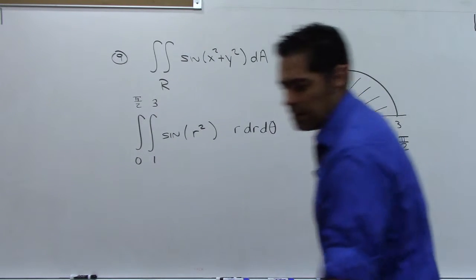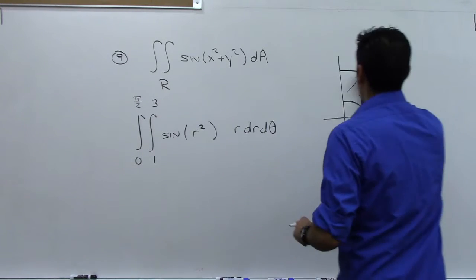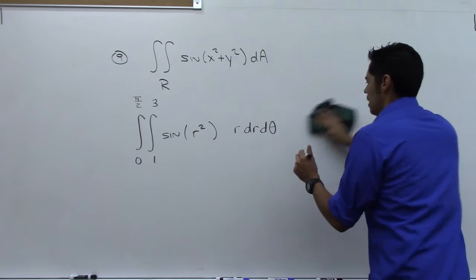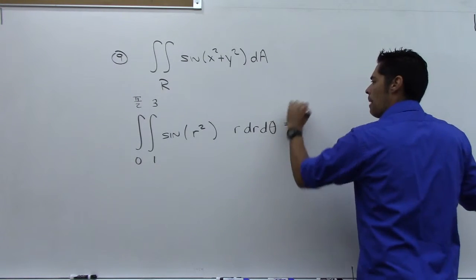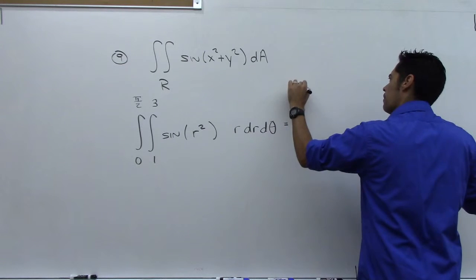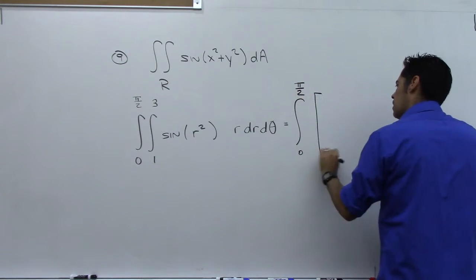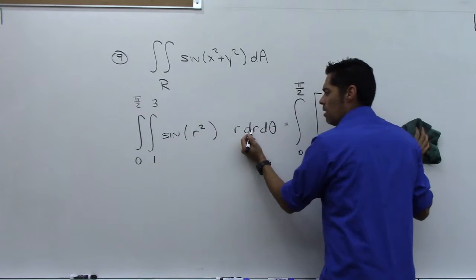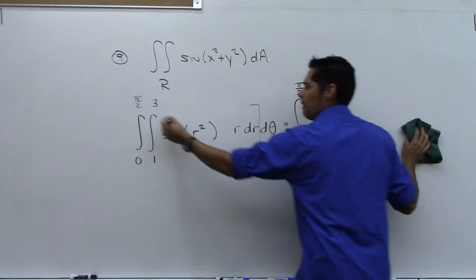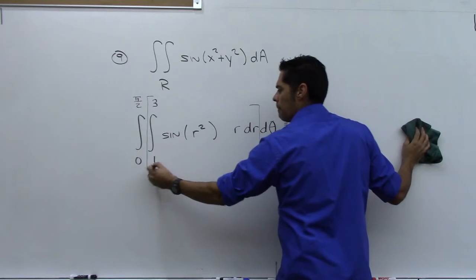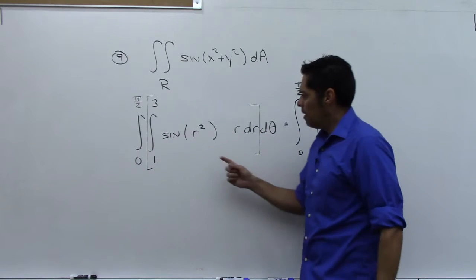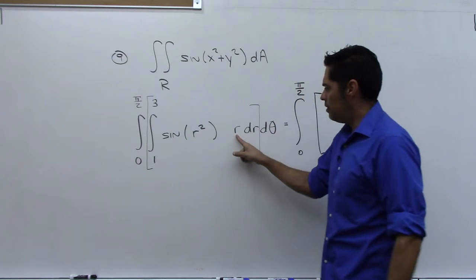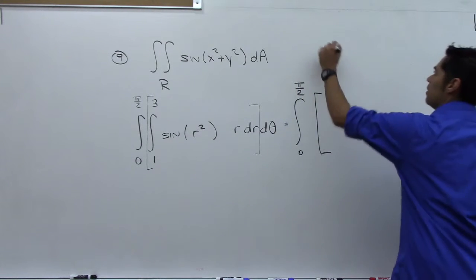So I get to integrate this, and that should be a pretty straightforward integration. When we do the inner integral, the antiderivative of sine of r squared times r dr, just looking at this piece right here, I notice that if I let u be r squared, the derivative of it is almost here. So what I'm doing is this.